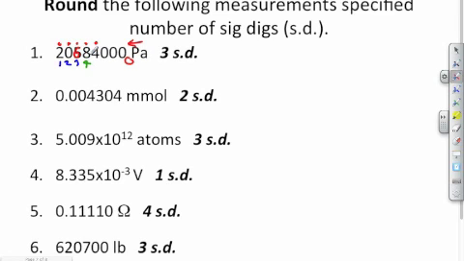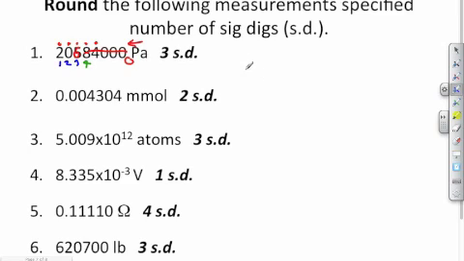And then I'm going to drop any other digit after that third. Now, since I dropped digits before the decimal place, I want to replace those with zeros when I write my answer.